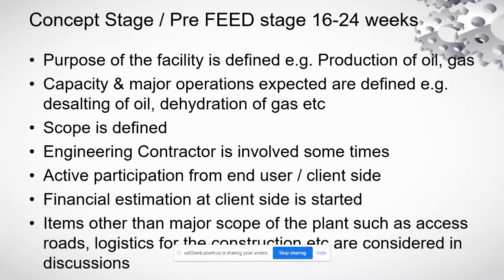Again, the capacity and type of major operations are defined by looking at capital investment, or capital cost, and the life of the facility. So suppose there are expected to be X amount of barrels of oil or Y amount of SCFD of gas.